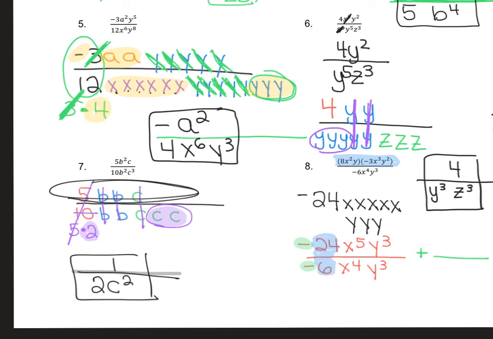That's going to give me a 4. And because the bigger number's on top, it's going to give us a 4/1 on top, right? If the 24 was on bottom, the 4 would go on the bottom. We have 5 x's on top and 4 x's on bottom. So when we cross them out, how many are we going to have left and where is it going to be? Well, we're going to have 1 left and it's going to be on the, you guessed it, on the top.